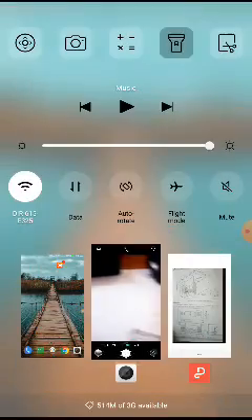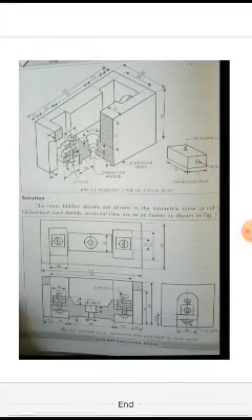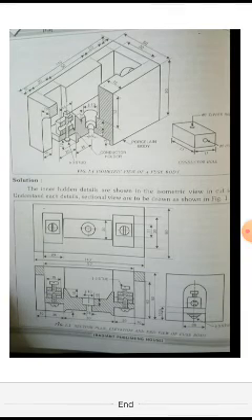So now let us look into the given data. If you see the given data over here, the length can be taken as L equal to 110, that may be in centimeters, and the height can be taken as 50, and breadth is also given as 50 in the given question.